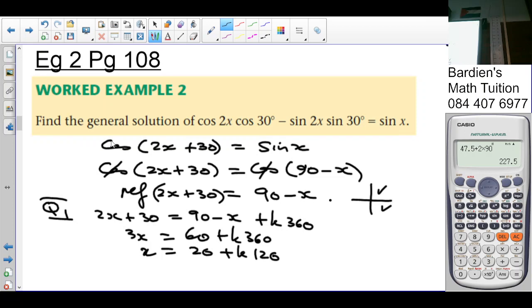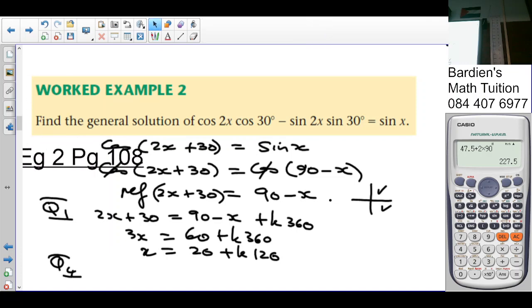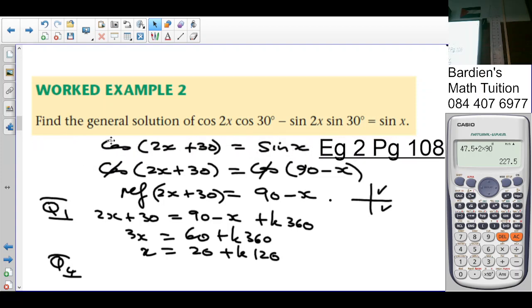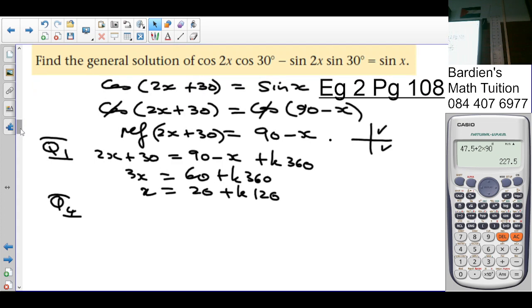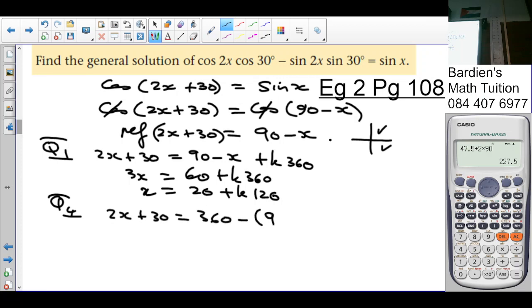Okay. For quadrant 4, there I could have simply said 2x plus 30 equals 90 plus x plus k times 360. But we must now work with negative angles. So it's going to be 2x plus 30 equals 360 minus 90 minus x plus k times 360.